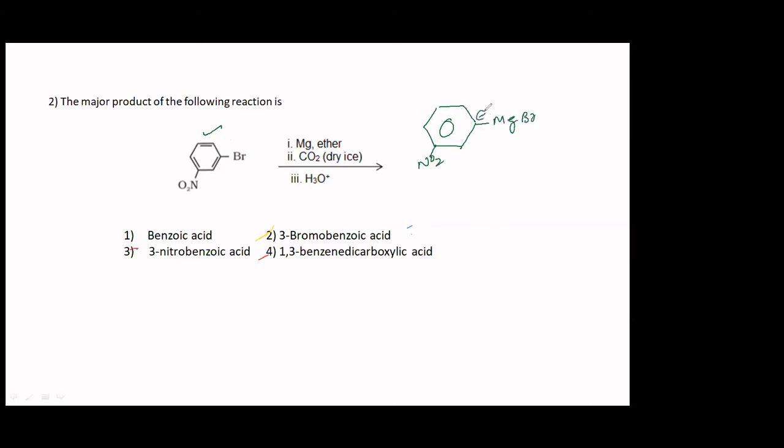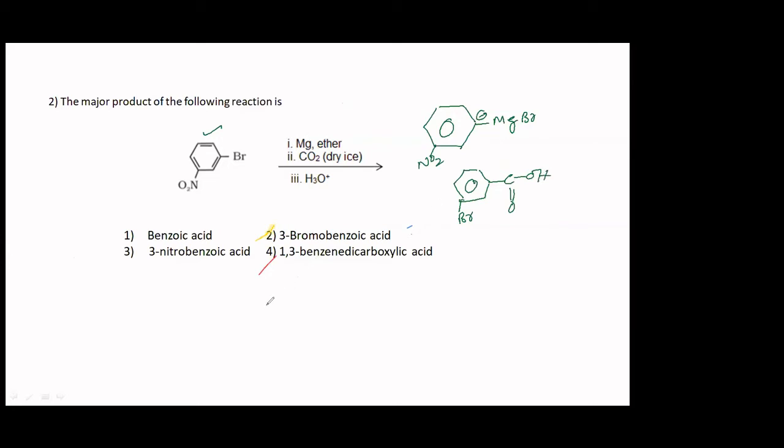Now this will be the negative sign, carbanion, which is going to add to carbon dioxide. C double bond O, one of the bonds you can keep as such. This phenyl group will come here. At the meta position you have got Br. So it becomes O minus, and on further hydrolysis, it should give you carboxylic acid. So this is going to become OH.